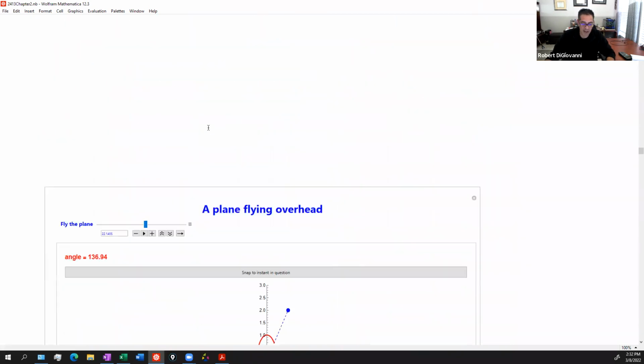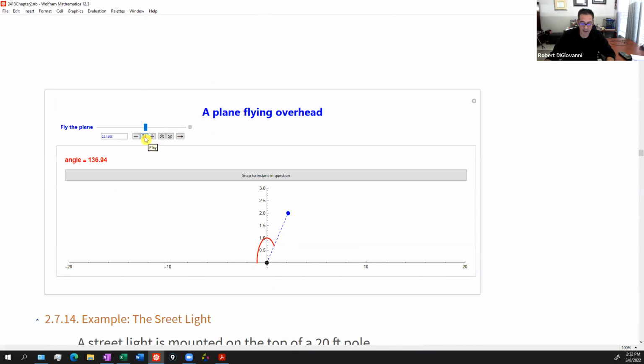Another question I could ask is the same thing. A plane's flying overhead, but instead of asking how fast the distance between them is changing, think of it as if you were moving your head watching the plane fly over. I can ask you how fast your head is turning at a specific instant in time.